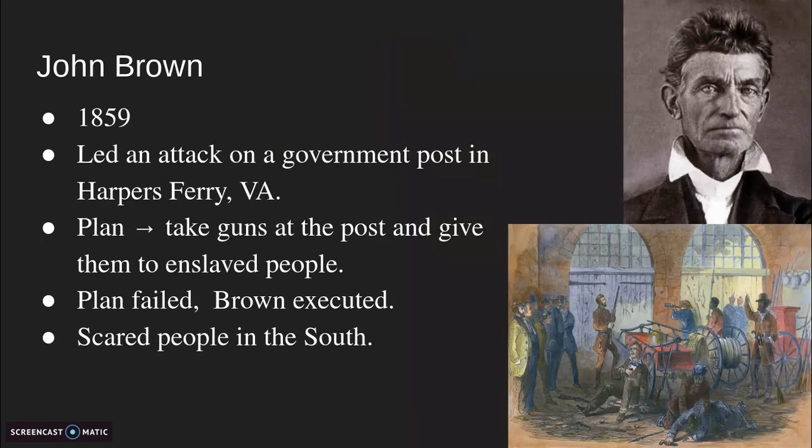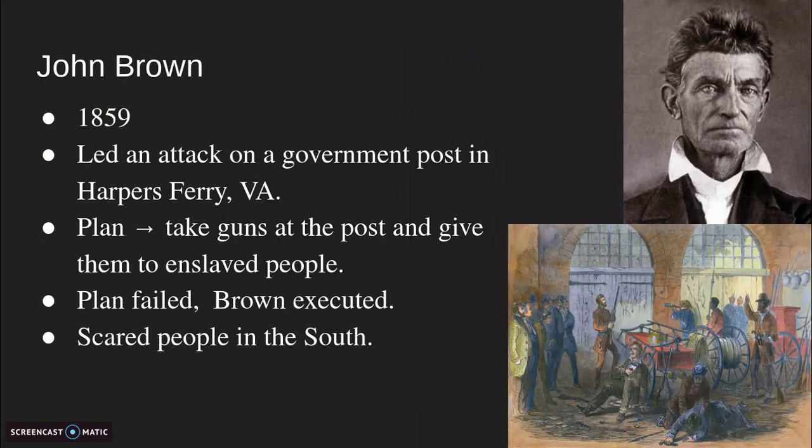Now, there was another idea, and John Brown led the way. He believed that it was not enough to help them reach Canada for freedom. He believed that they needed to take up arms and fight back. Arms is guns. So they need to take up guns and fight back, take back the country and end slavery.